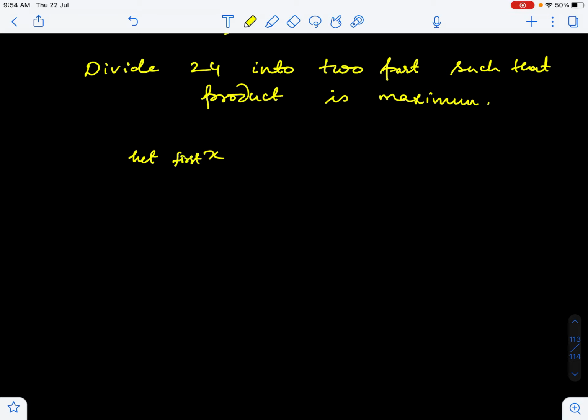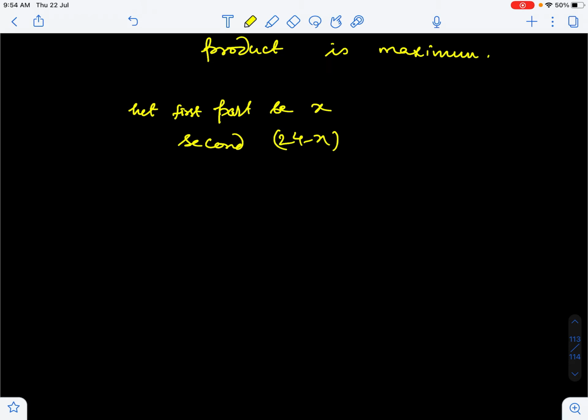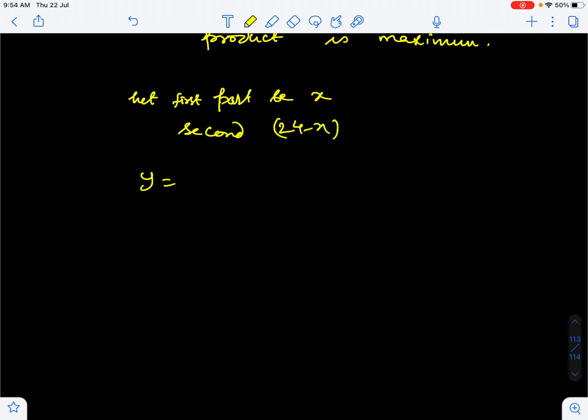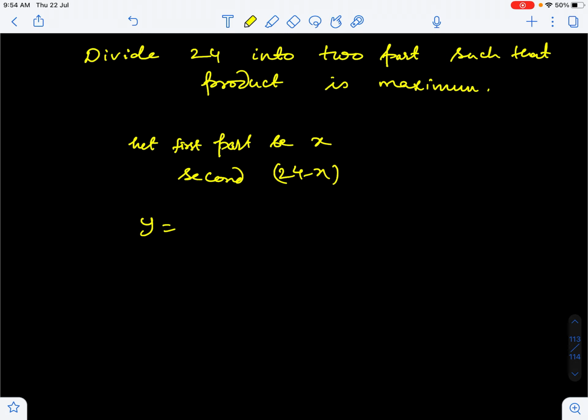The second part definitely will be 24 minus x. So I have defined the function y, which is the product of these two, x into 24 minus x. I have to maximize this product.